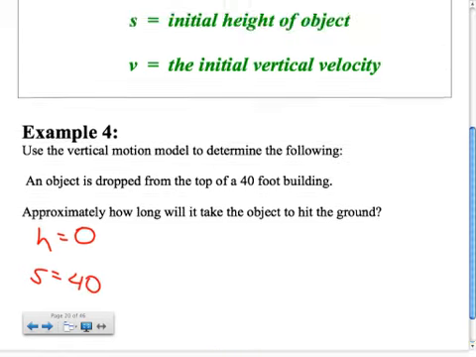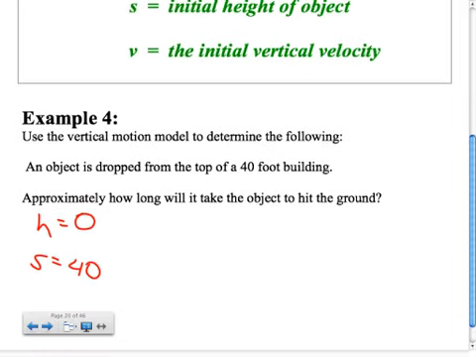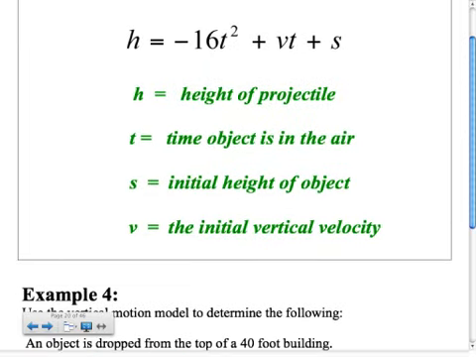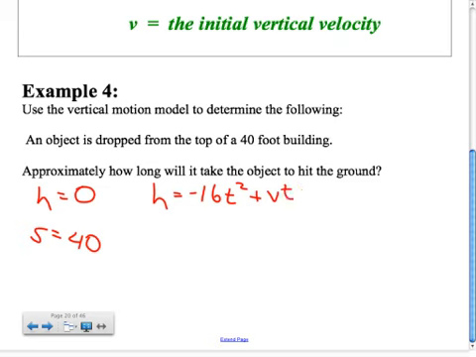Okay, and so s, the initial height, is obviously 40 in this particular problem. So if I look at this, our model is h equals negative 16t squared plus vt plus s. Okay, and so we know h is 0.